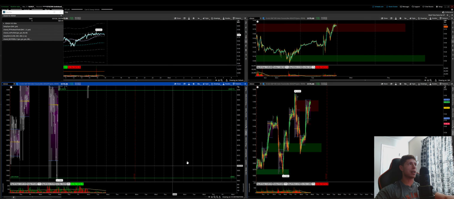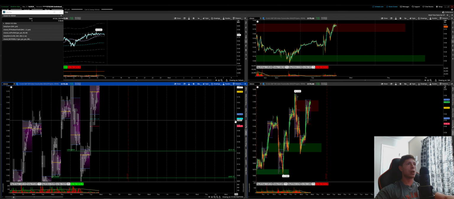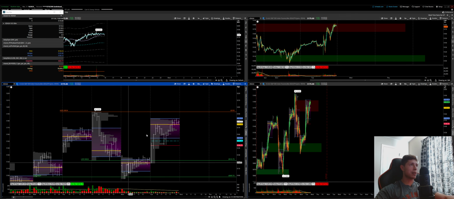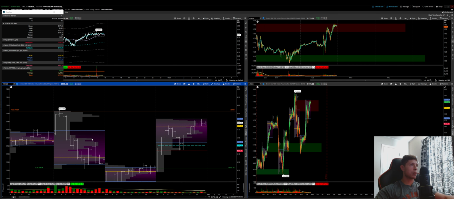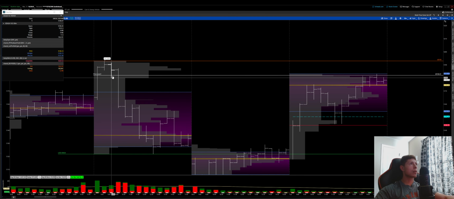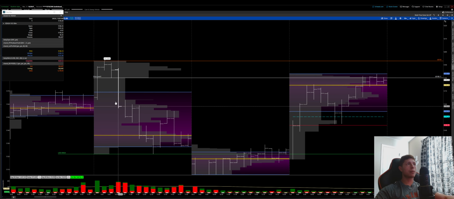The area of interest that I had at the time, on any upside push, was in this area. Keep in mind this is the March contract, but anywhere between 5180 and I believe 5160.